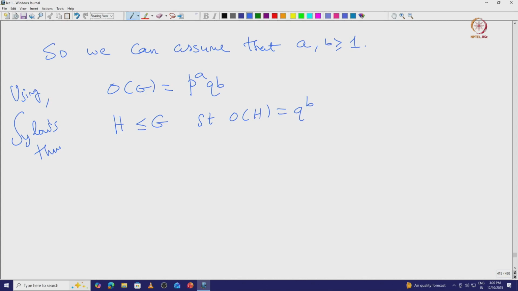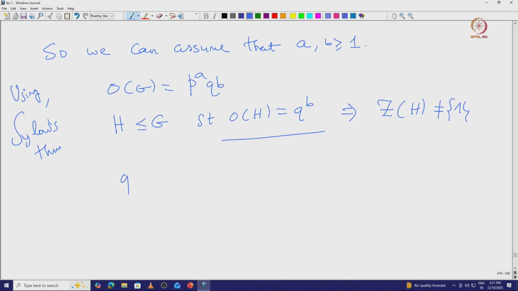Now we are going to take some non-trivial element in the center of this H. Since H is a q-group, that would imply that the center of H must be non-trivial.